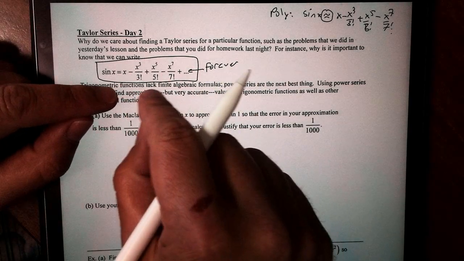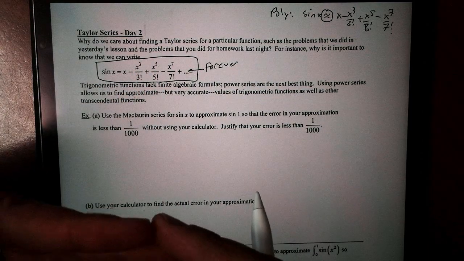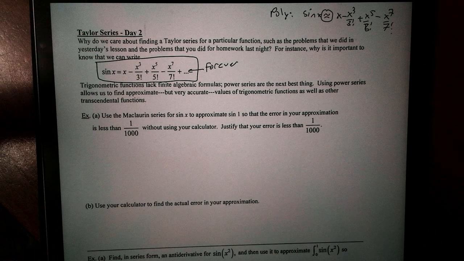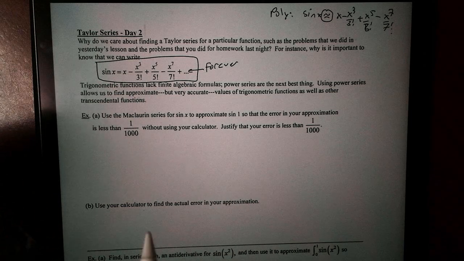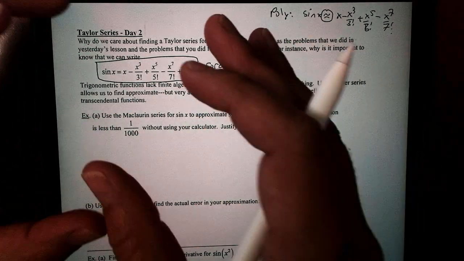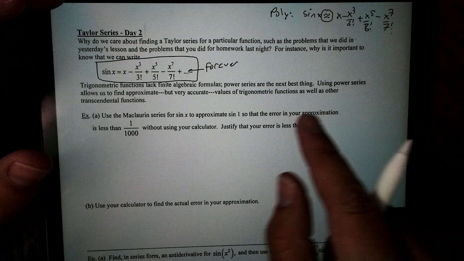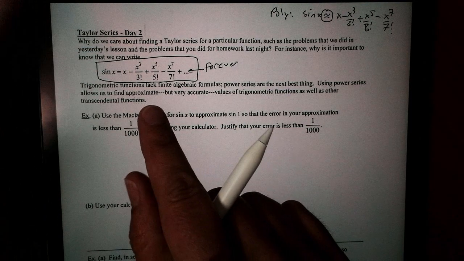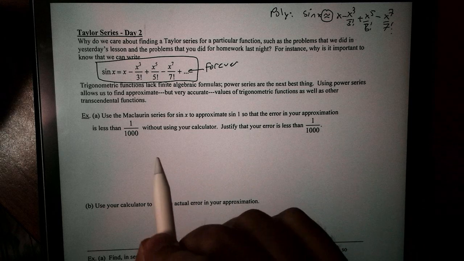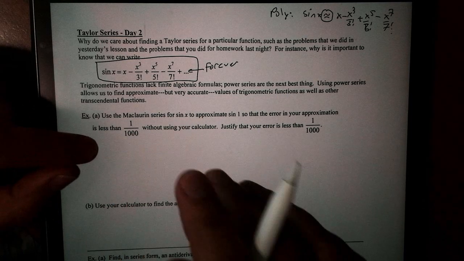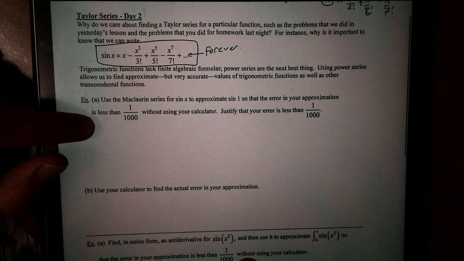In other words, I can't write them as an algebraic formula. So a series gives me the next best thing when I'm looking to solve them or integrate them, or basically using a trig function. A power series can allow us to find approximate but very accurate values of trig functions as well as other transcendental functions. And you might remember yesterday we did e to the x.